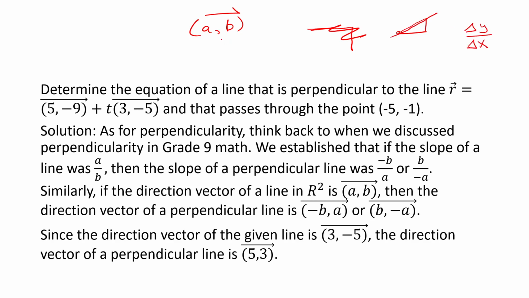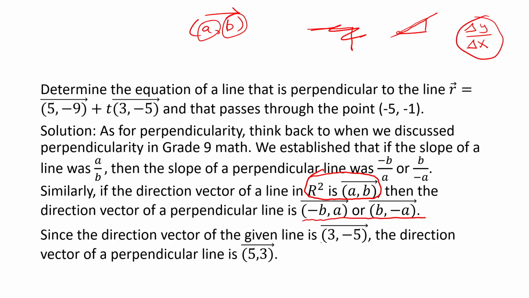And so the change in x and the change in y is very similar to what's going on with the slope. So ultimately what that means is if the direction vector of a line in R2 is a comma b, then the direction vector of a perpendicular line is actually -b comma a, or if you prefer, b comma -a.